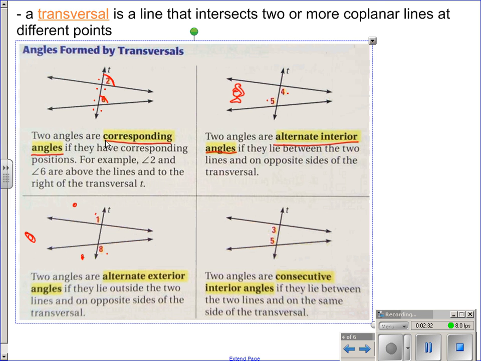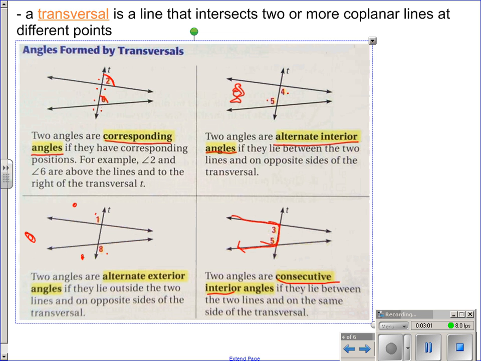And the last one, consecutive interior angles. Now, consecutive means one after the other. So, also interior, they're in between the lines. So the idea of a consecutive interior, you have your two lines, you have your transversal. If you follow one line in to the transversal, then go down the transversal and out the other line, you hit angle 3, then you hit angle 5.